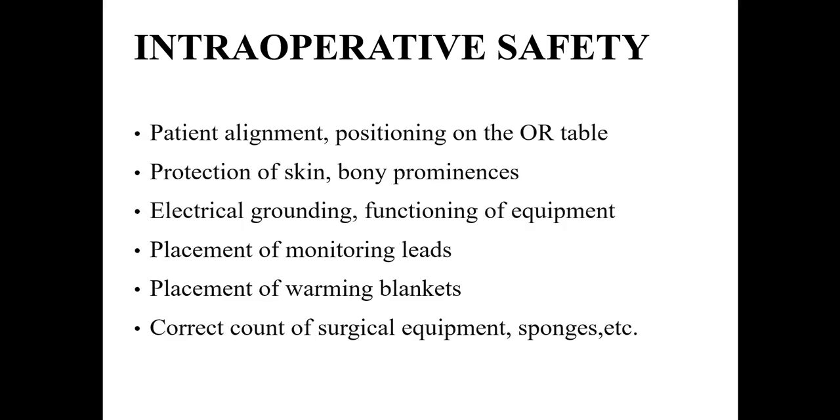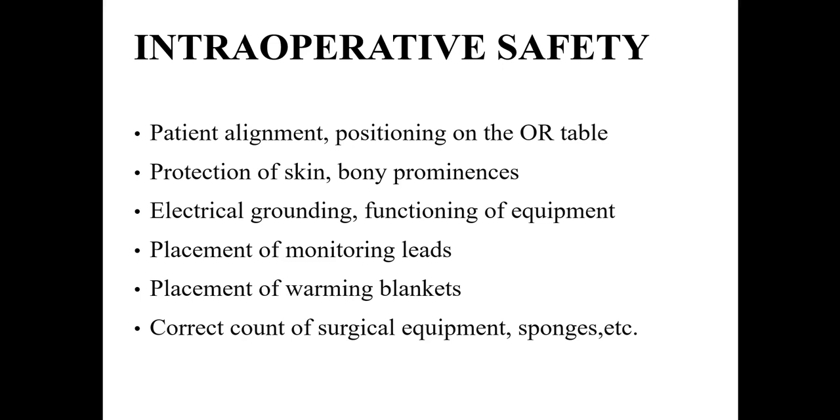We talked about alignment. You want to protect the skin and bony prominences. We talked about electrical grounding. If the cautery equipment isn't grounded, the patient can burn. You want to make sure their monitoring leads are on, the warming blankets are there, and we talked about the scrub nurse.